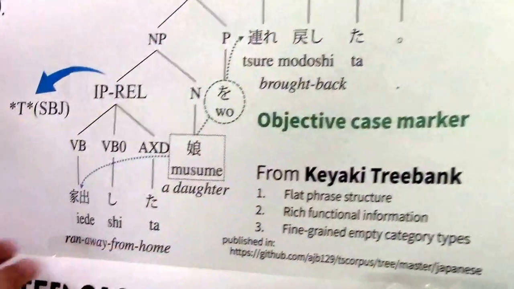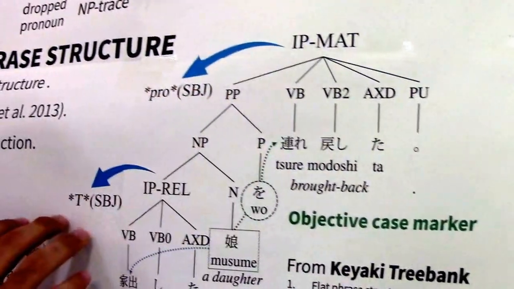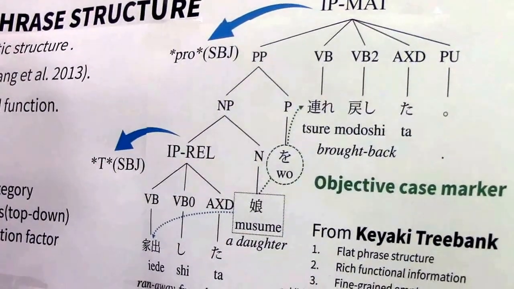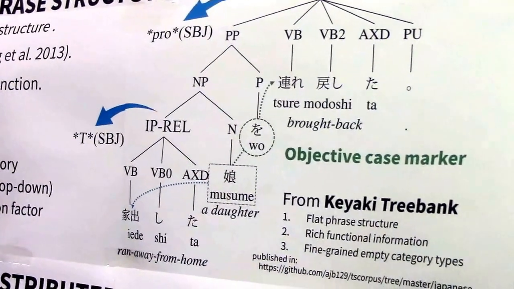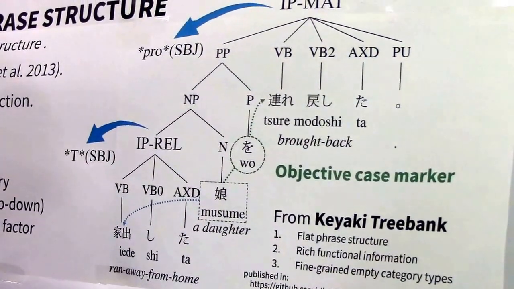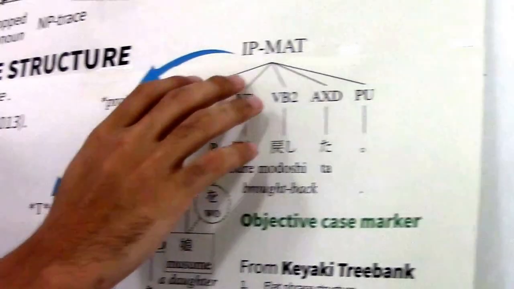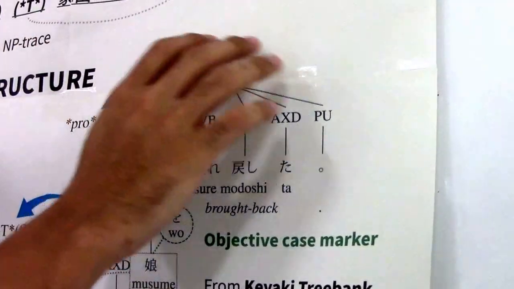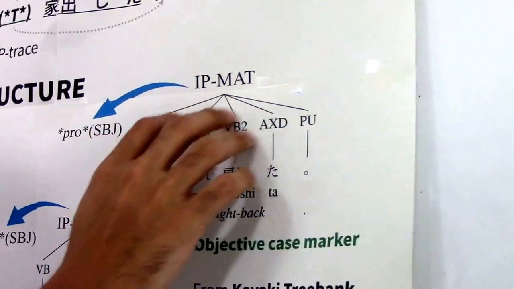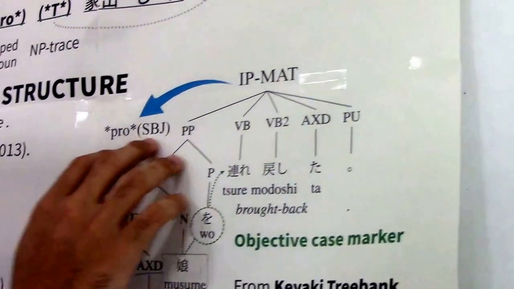In these sentences, there are two empty categories, pro and traces. In this figure, the top node IP mat is classified as a pro and subject.